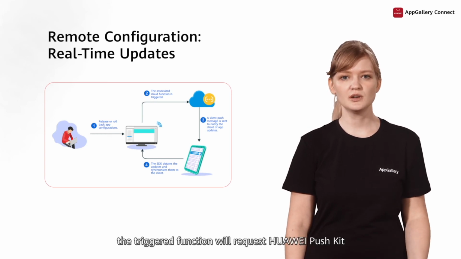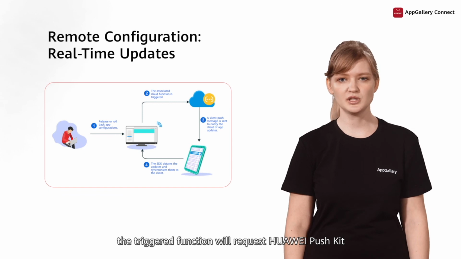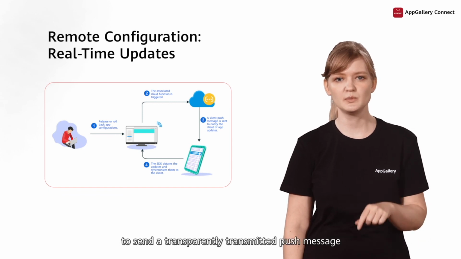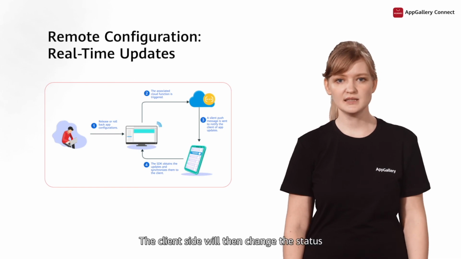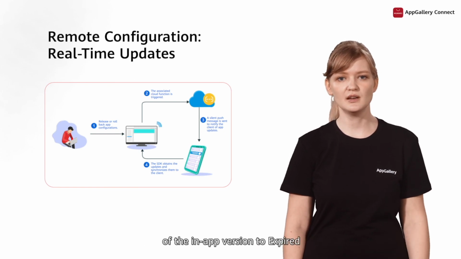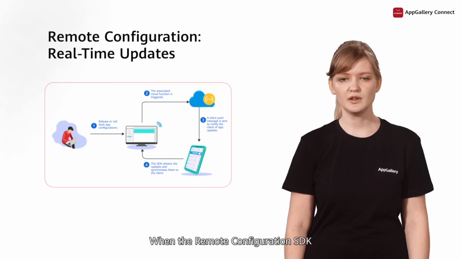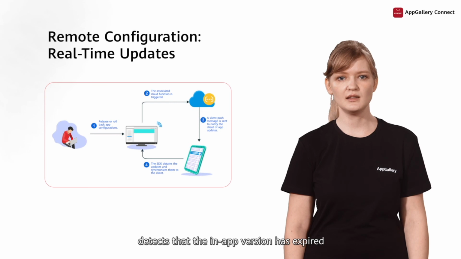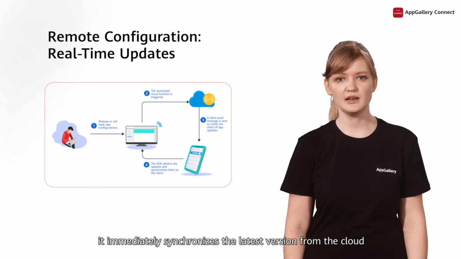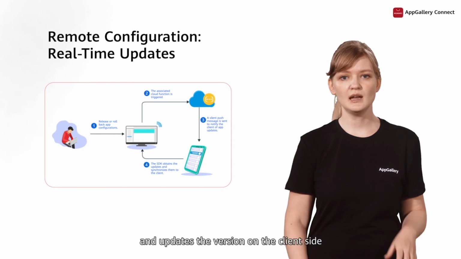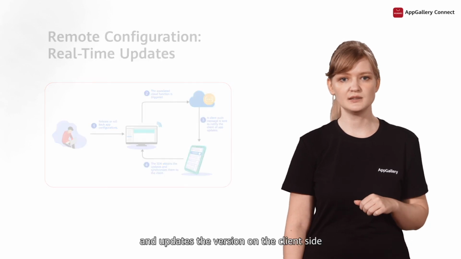From here, the triggered function will request HUAWEI PushKit to send a transparently transmitted push message to the client side. The client side will then change the status of the in-app version to expired. When the remote configuration SDK detects that the in-app version has expired, it immediately synchronizes the latest version from the cloud and updates the version on the client side.